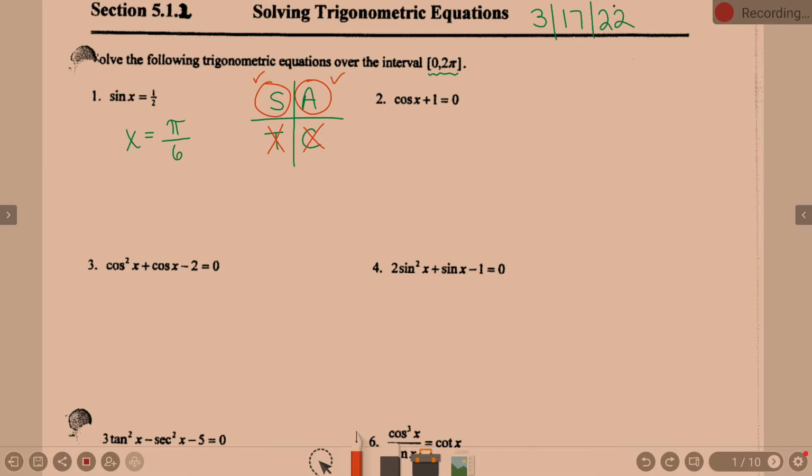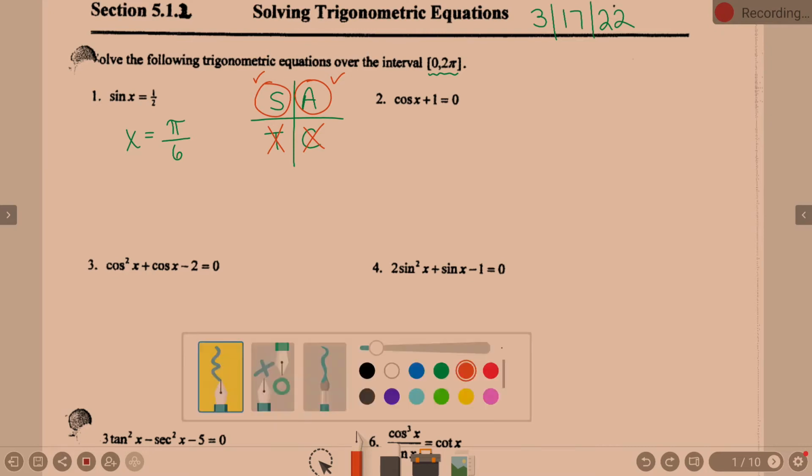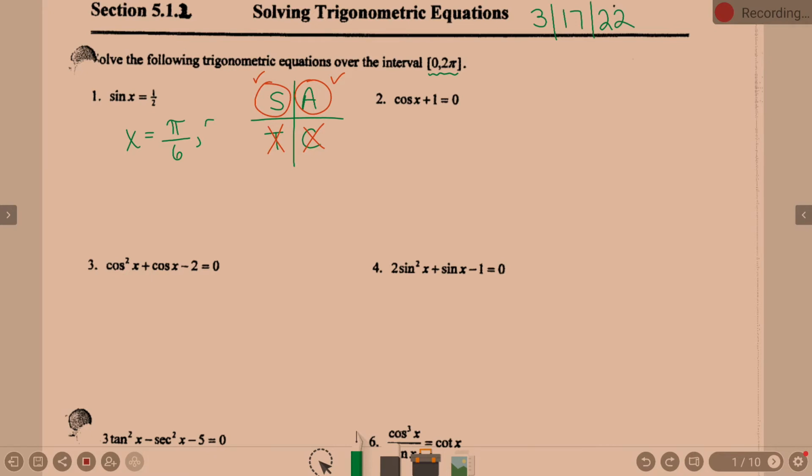Okay, so pi over 6 is the first quadrant angle. What is equivalent to pi over 6 in quadrant 2? Or what is pi over 6 up from the x-axis? 5 pi over 6. So my other answer here is 5 pi over 6, because that is the quadrant 2 equivalent to pi over 6.